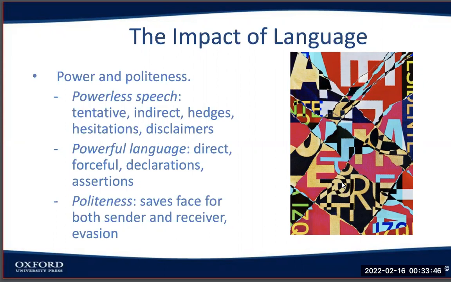So politeness, especially in other cultures, is considered a good thing. I think in the US, we are obviously all about more powerful and direct language. And we are generally a lot more assertive about how we address things.